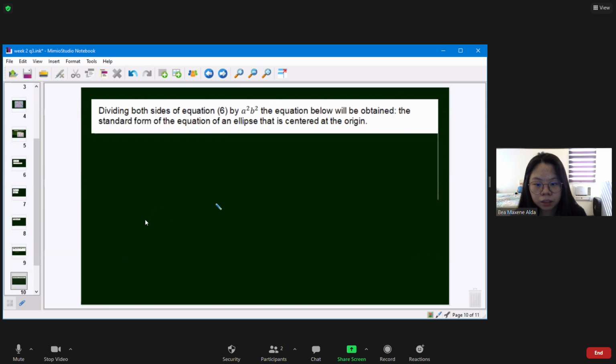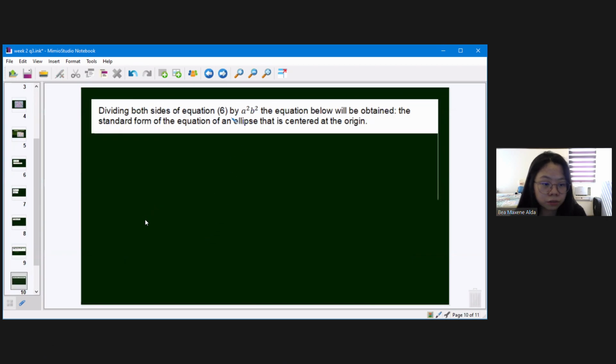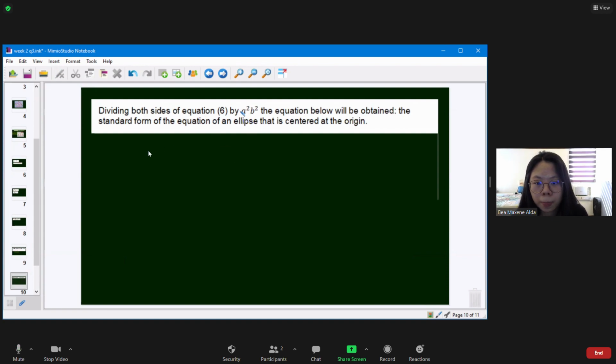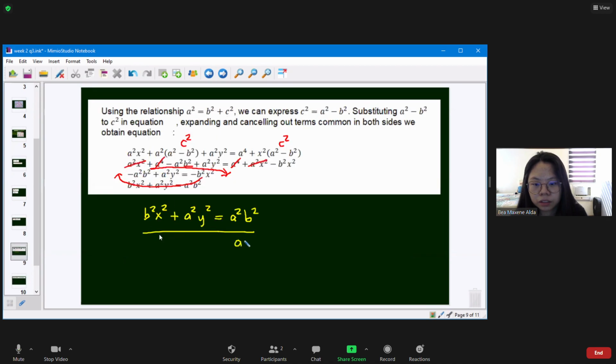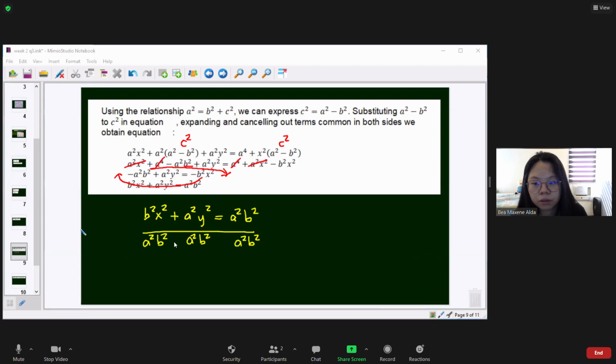So, para mas madali, no? We want to divide both sides of the equation by a squared and b squared. So right here, lagyan ng a squared, b squared.